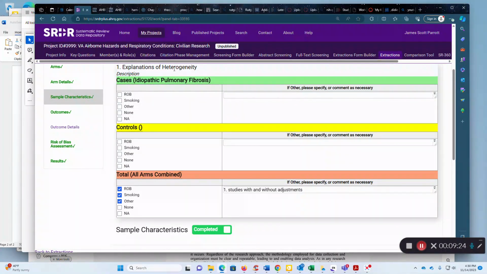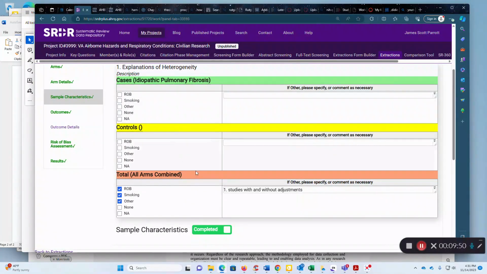Now, this is an important concept because we have that one pooled effect size, but what we find is that very often there are meta-analyses, subgroup analyses that will sort of split out certain types of studies from others. Say, studies that adjust for smoking versus studies that didn't. Studies that adjust for medical history versus those that don't.